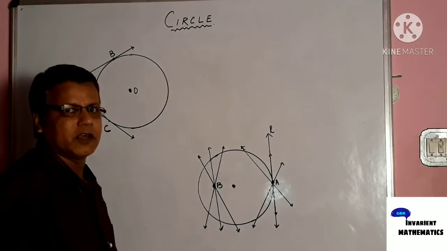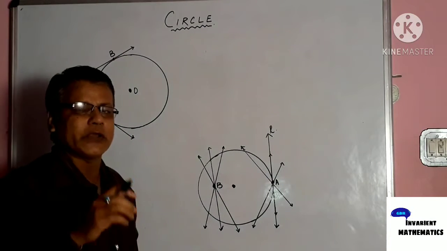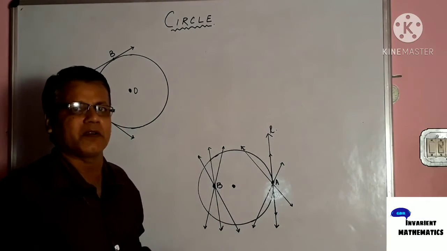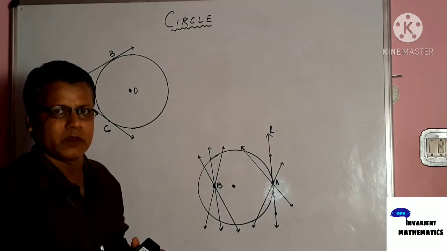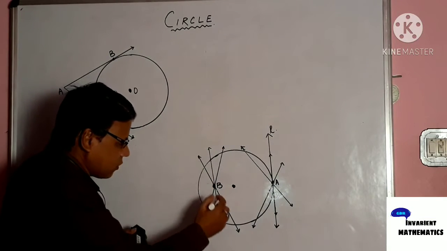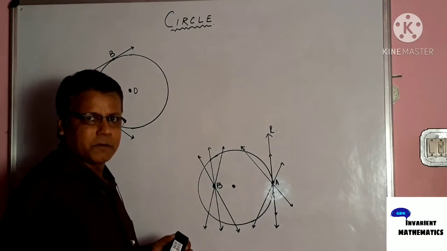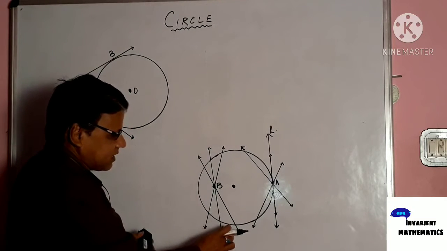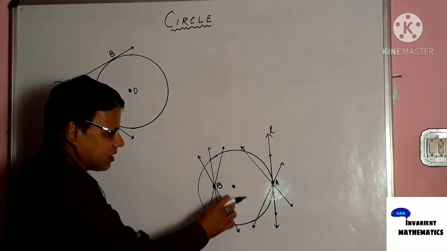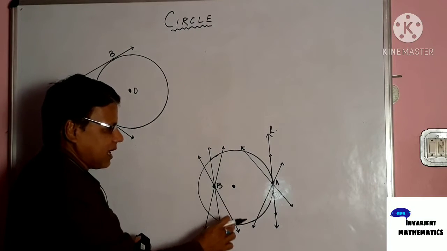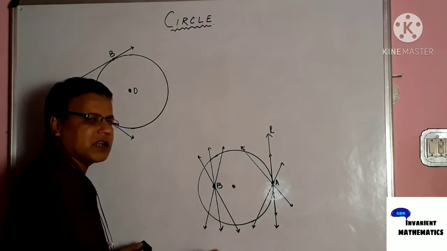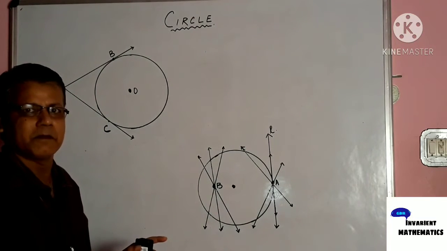We know that through a point we can draw infinite number of lines. That means through B we can draw infinite number of lines. And it is clearly visible that all the lines intersect the circle at 2 points.